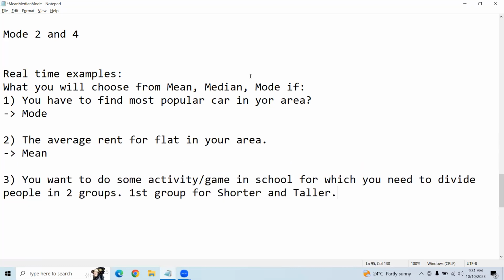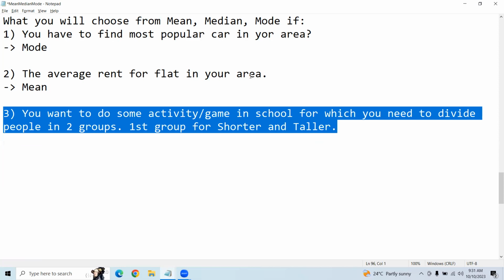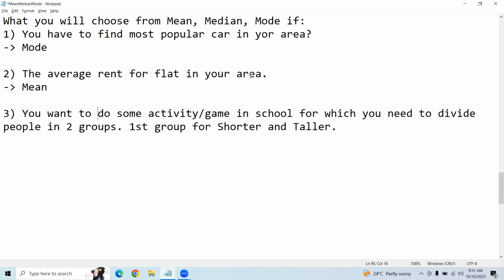Now let's look at one activity that you have to perform in your school. In that activity, you have to distribute the people, like students in your class, into two groups. One group is a shorter group and one is a taller group. So how can you identify that? The way you would have experienced, when you do that exercise in school, they will arrange you in ascending order, so that the last person can see things properly and will not get impacted by the person before him.